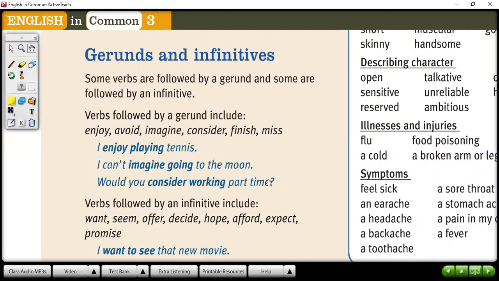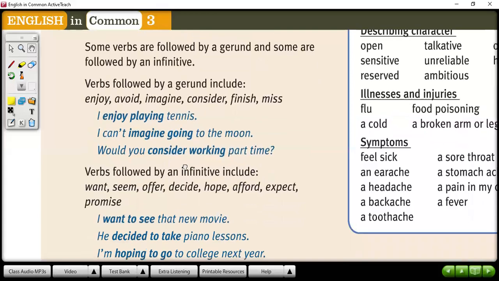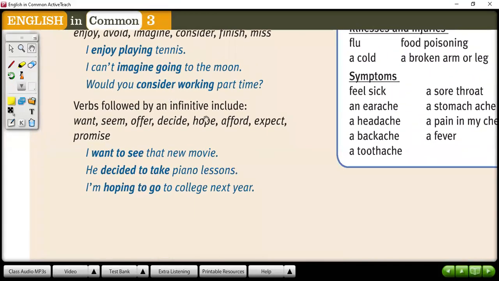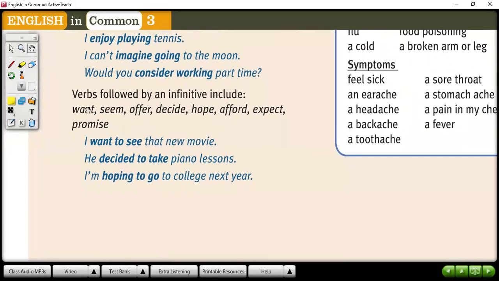And the other one. Another group of verbs are followed by infinitive, include want, seem, offer, decide, hope, accept, promise. I want to see. He decided to take. I'm hoping to go. They need infinitive. Okay?